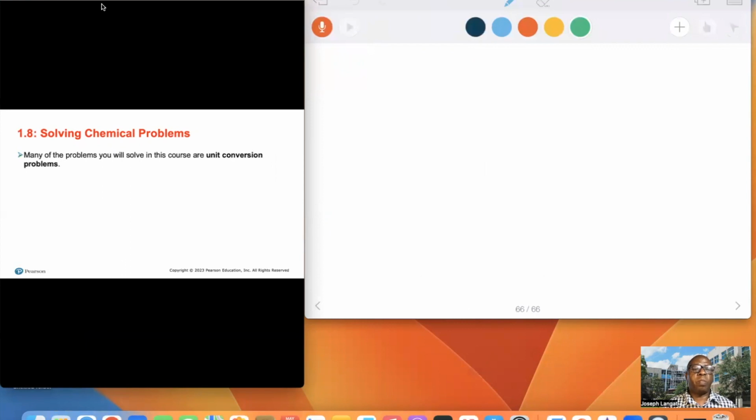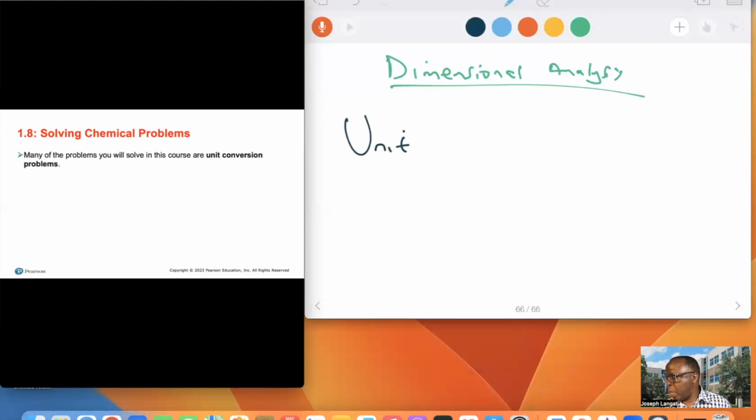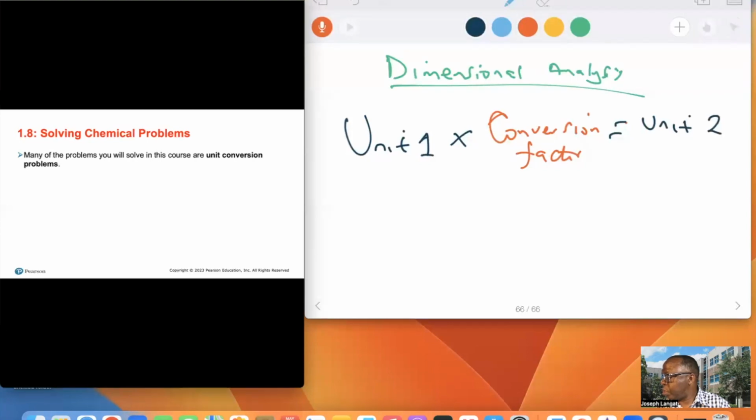Many problems you will solve in this course are unit conversions, which means in dimensional analysis, you're given unit 1 times what we call a conversion factor to give you unit 2, all right?